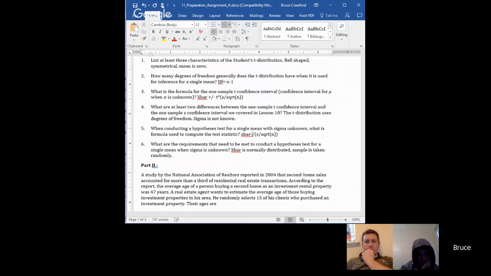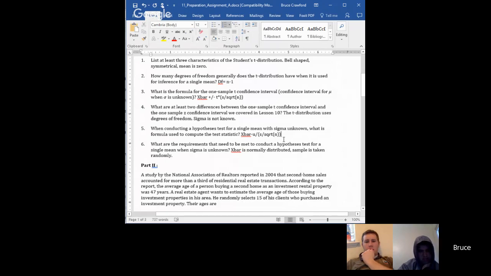This one confused me too, because I didn't think we were supposed to know the mean. I think the mean just comes from the null hypothesis. So technically we would know the mean because it's the null hypothesis value, and then our sample mean minus that over our sample deviation.